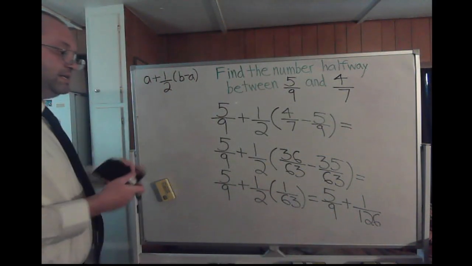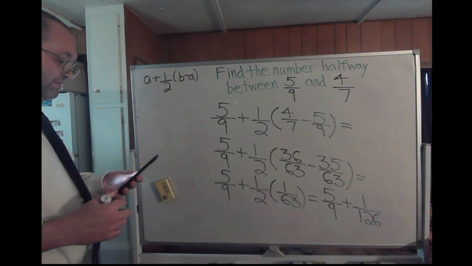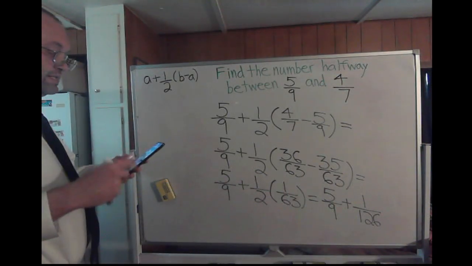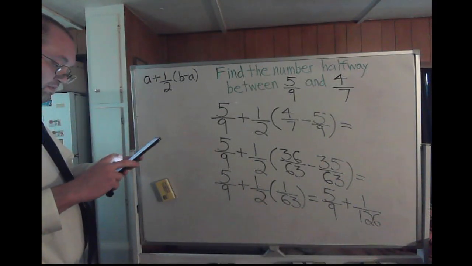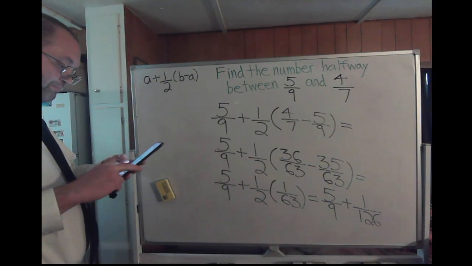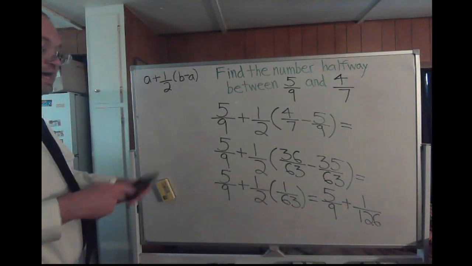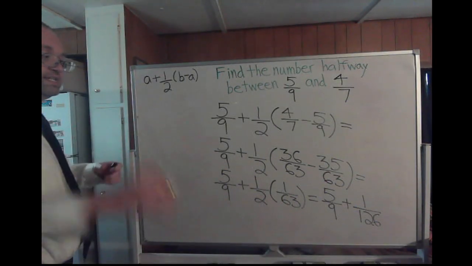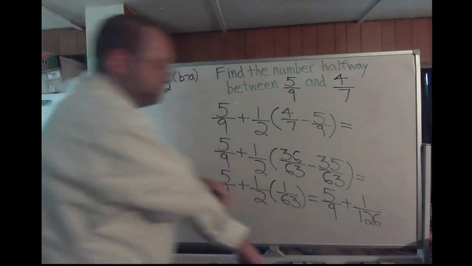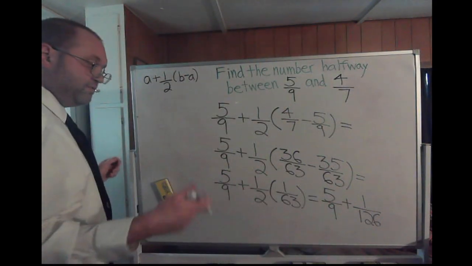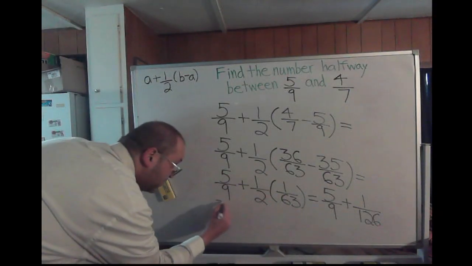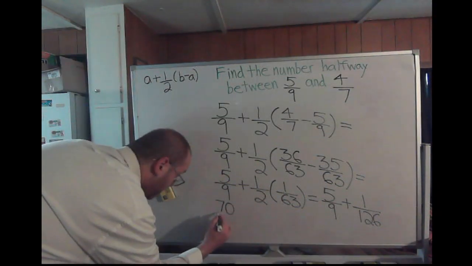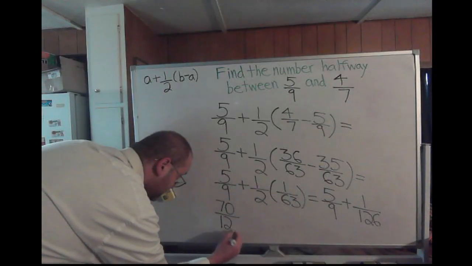We got to figure out how many times 9. Let's see if 9's a common factor of 126. Yeah, alright, 9 goes into 126 14 times. So we'd have to multiply both numerator and denominator by 14 to get the same denominator. You multiply 5 by 14, you'll get 70 over 126.